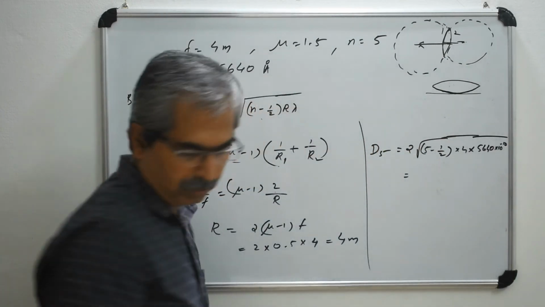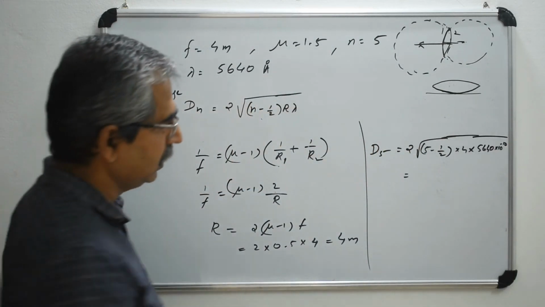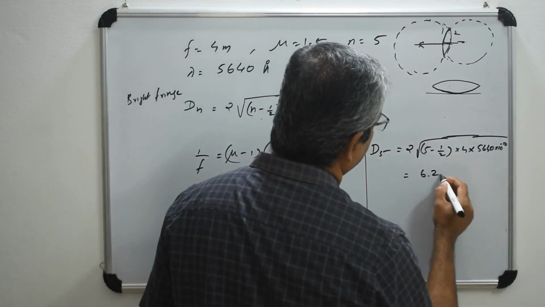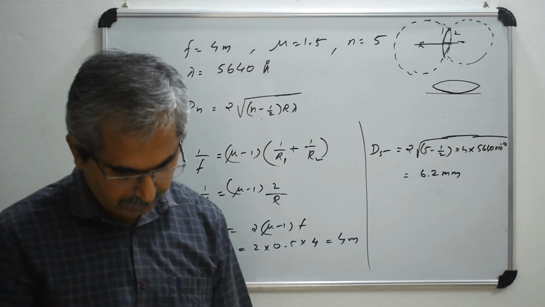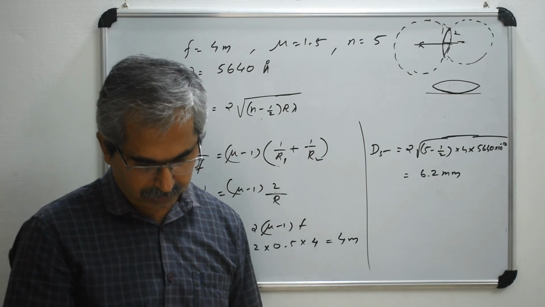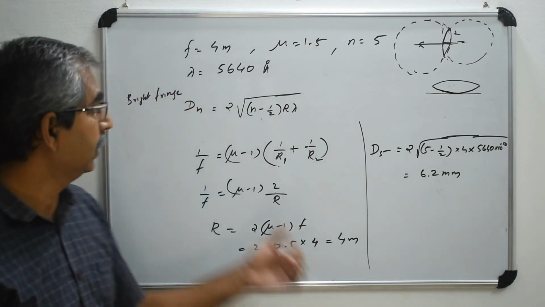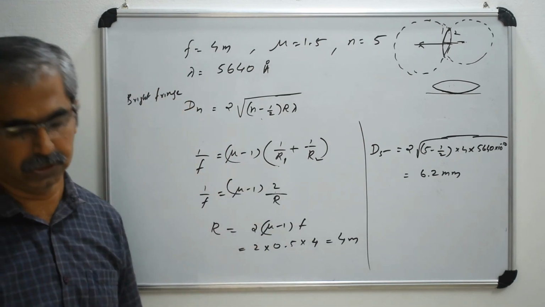The answer obtained is 6.2 millimeters. So 6.2 millimeters will be the diameter of the fifth bright fringe.